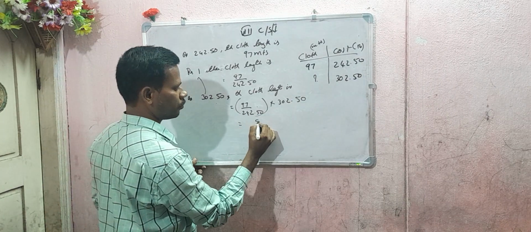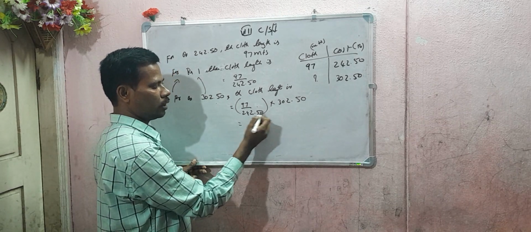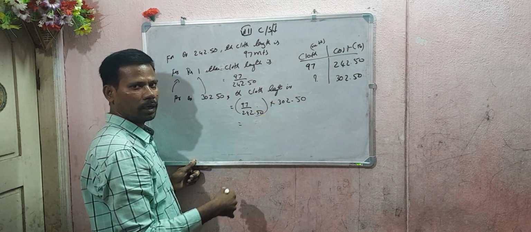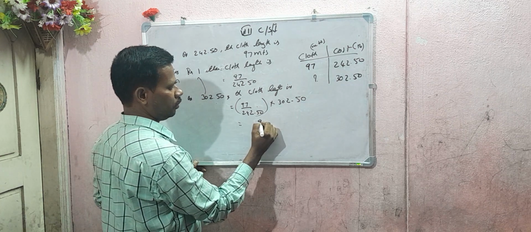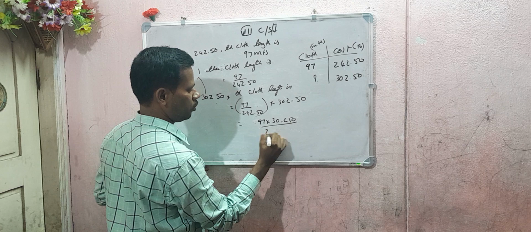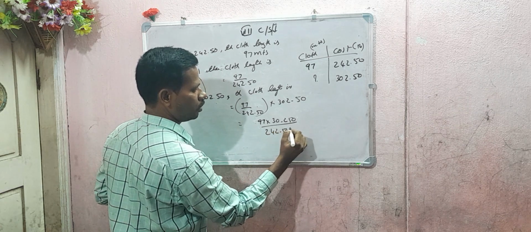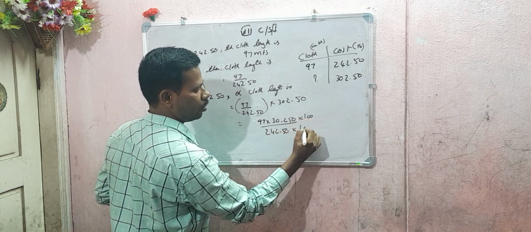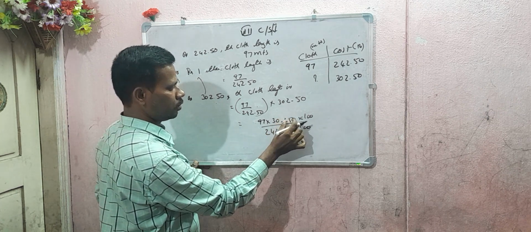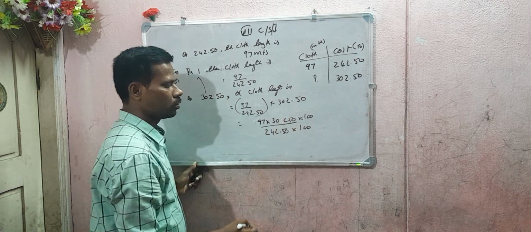Next, observe here after the decimal, here also there is a decimal point. So multiply both sides by 100. 97 into 302.50 by 242.50 into 100 into 100. Why do we have to multiply by 100? Because I want to get rid of these decimals.